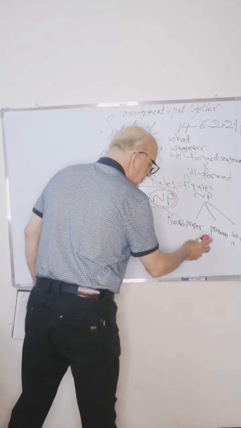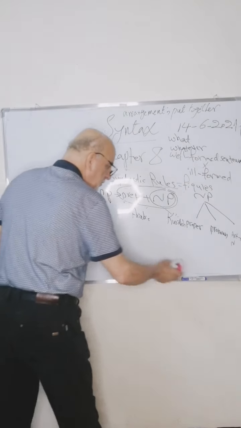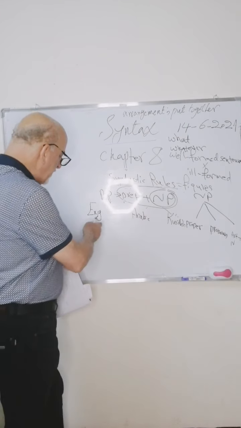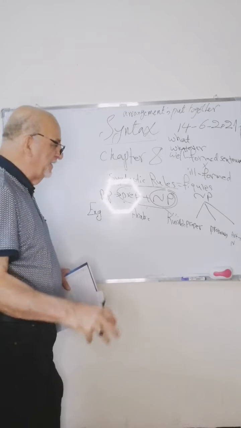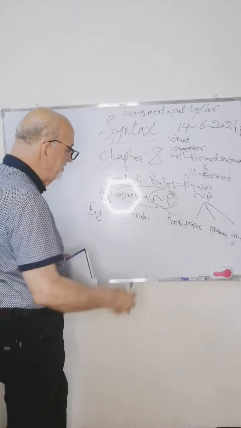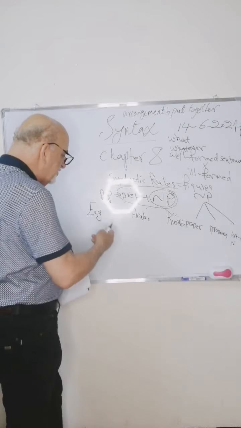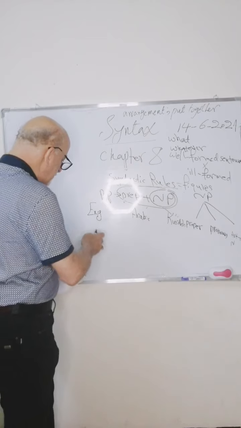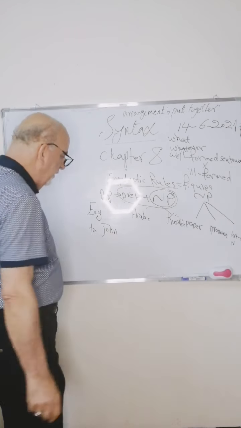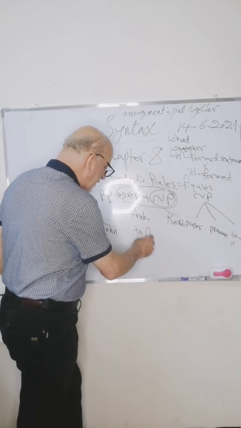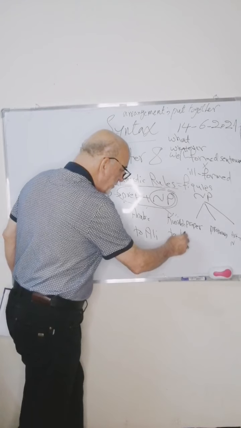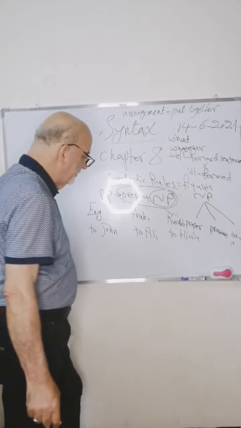Now in English, maybe this is not... I mean, I understand it, but it might be misleading. In English, let's take for example "to John", "to Ali", "to Hiwa", somebody.